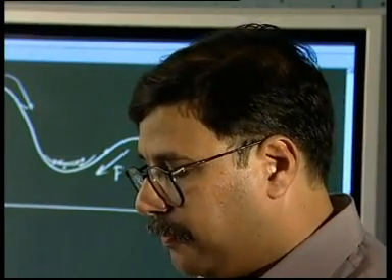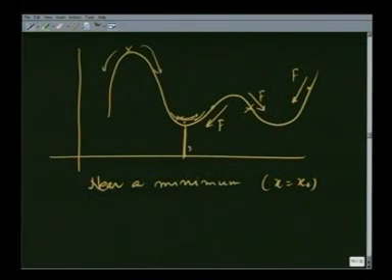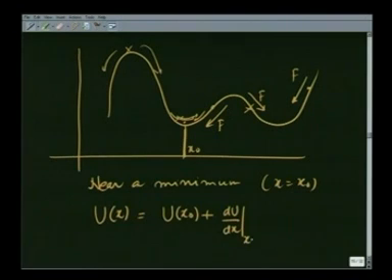So, near a minimum, and let us call that minimum x equals x 0, I have u x slightly away from the minimum as, by Taylor series expansion, u x 0 plus du dx at x 0 times x minus x 0 plus 1/2 d2u dx square at x 0 times x minus x 0 square.